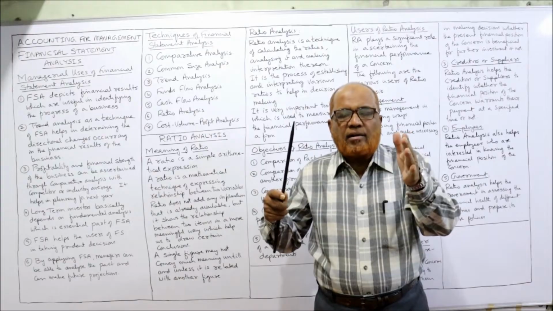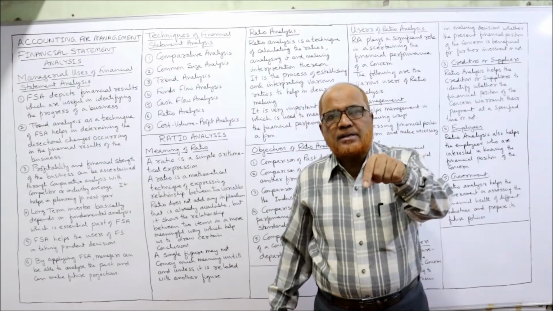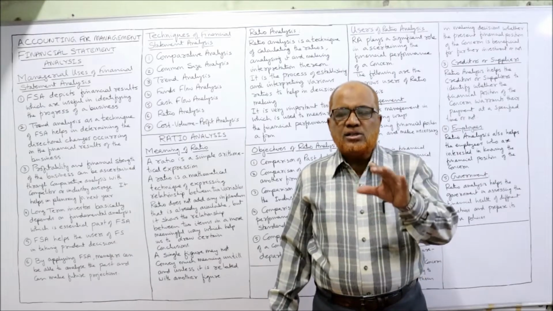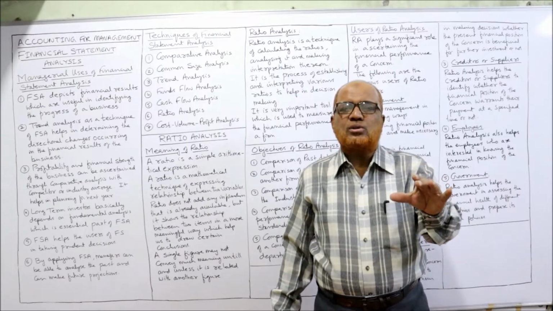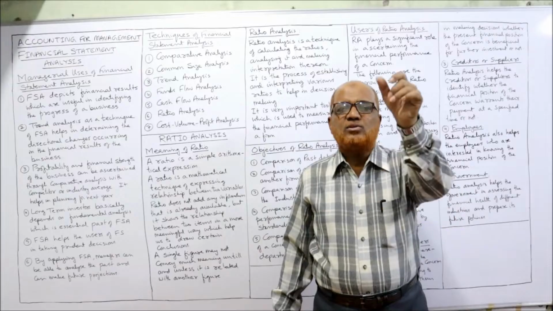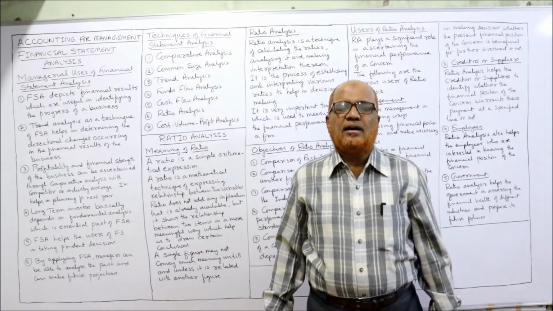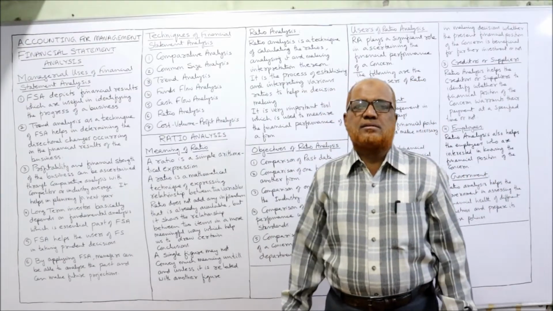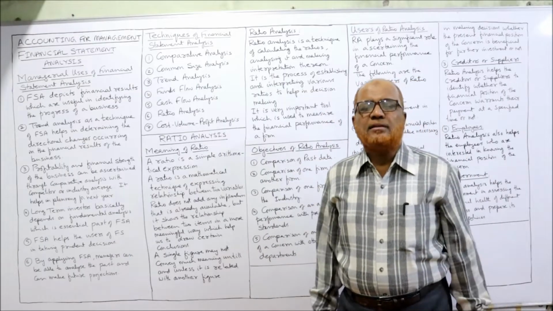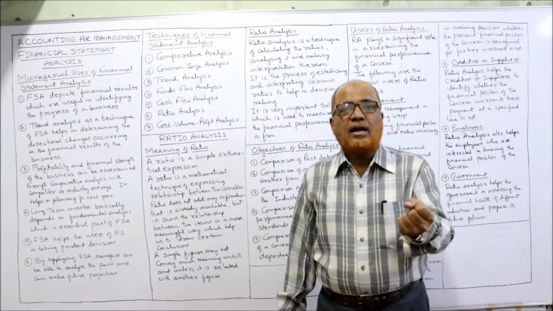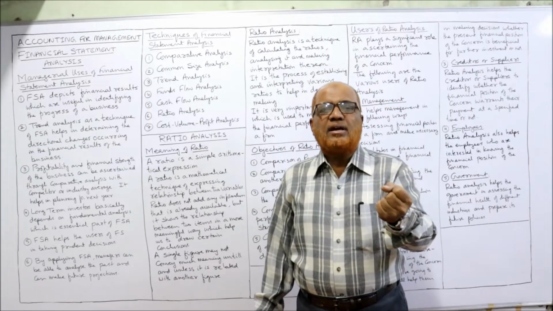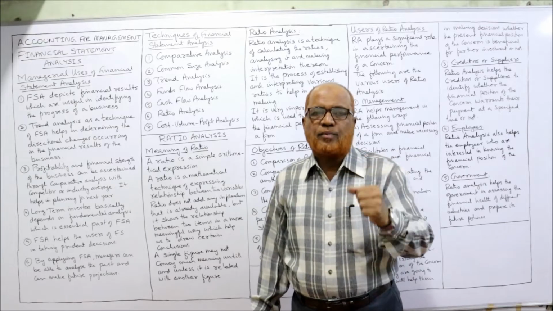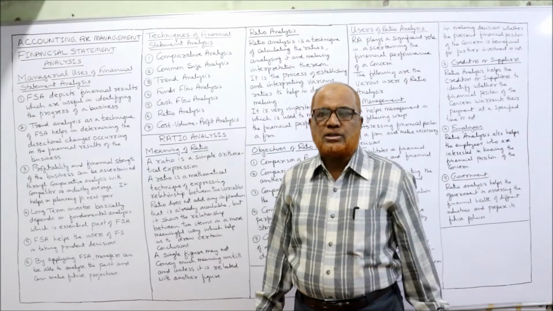Like this, we calculate all the other items as a percentage of sales. In this way, instead of taking the actual values, we have converted the actual values into percentages. And that type of analysis is called common size statement analysis. What will happen by applying this common size statement? The data will be condensed. Easily we can understand and analyze the statement of profit or loss and the balance sheet.